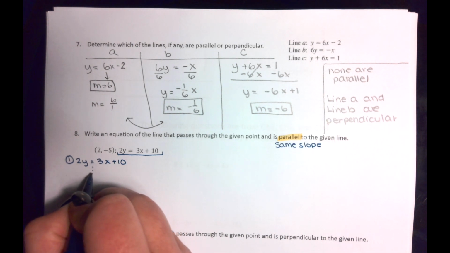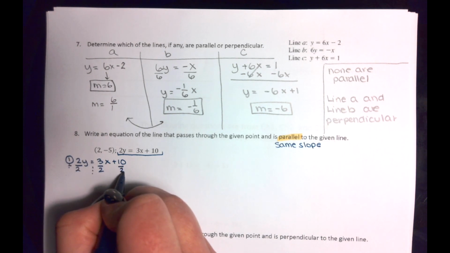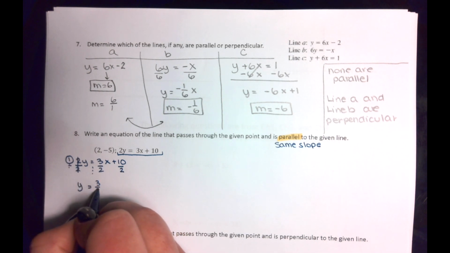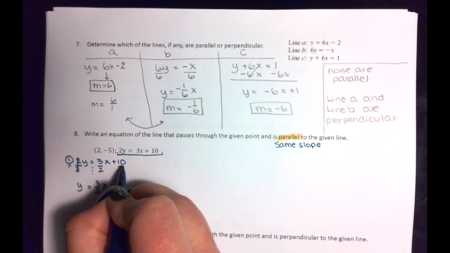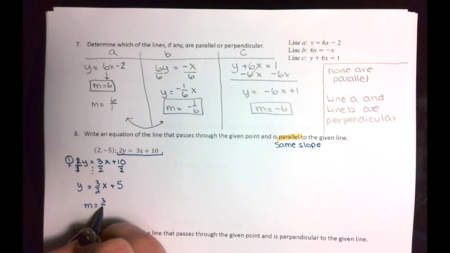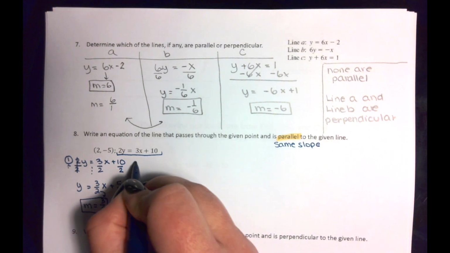So for us, that means we're going to divide by 2 each number. y is equal to 3/2 x plus 10 divided by 2 is 5. That means my slope is 3/2. That's what we need from step number 1.